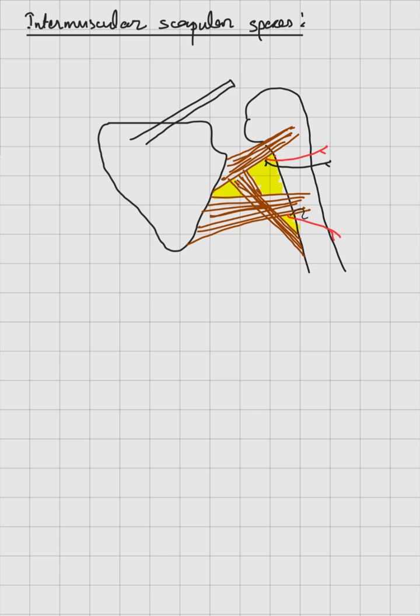Of course, this is the radial nerve coming along with the profunda brachii artery. Let us write first. This is the posterior circumflex humeral artery, and this is the axillary nerve. This is the profunda brachii artery, and this is the radial nerve.